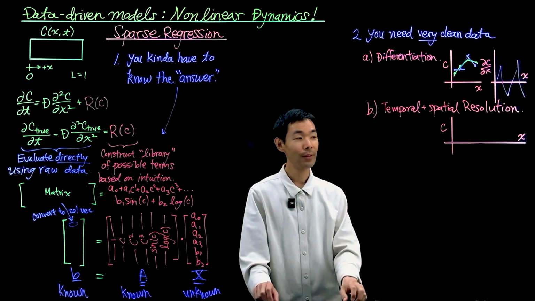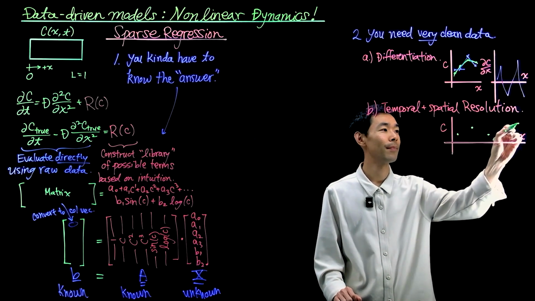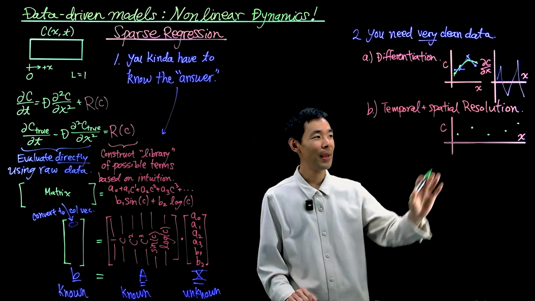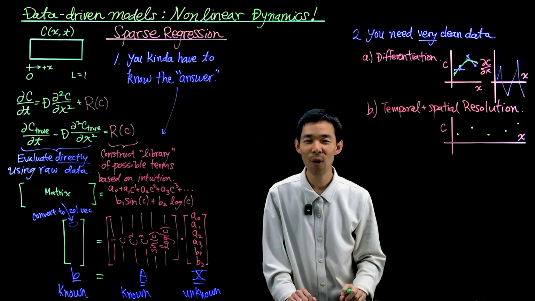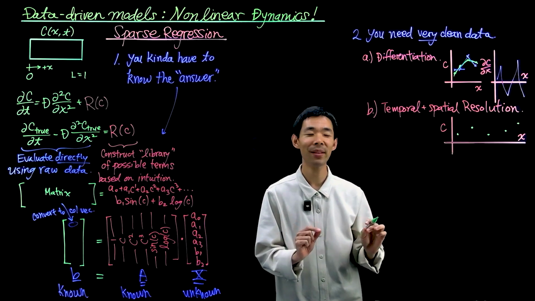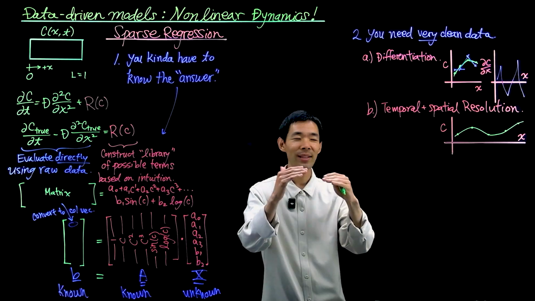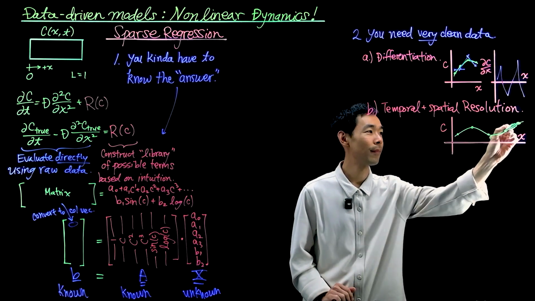For example, the spatial discretization of your data may look something like this. And when you take derivatives based upon this data set, you are hoping that the true phenomena look something like this, that it is smooth and doesn't do anything crazy in between your measurement points.